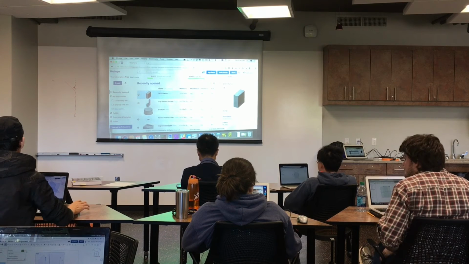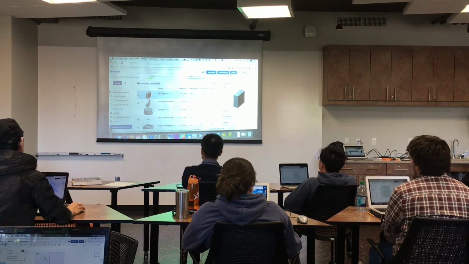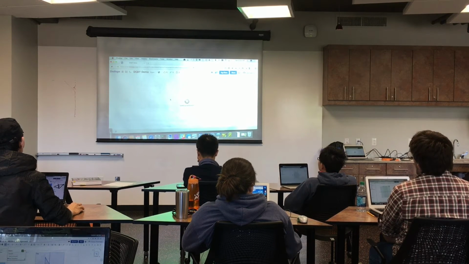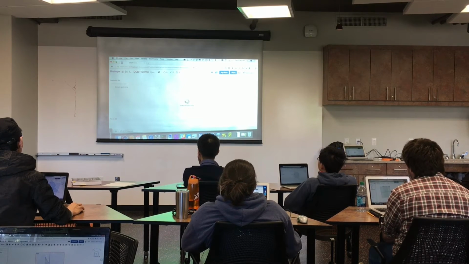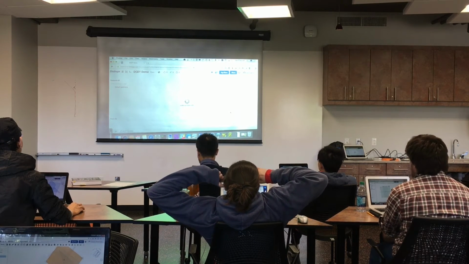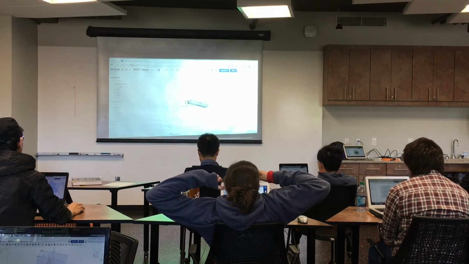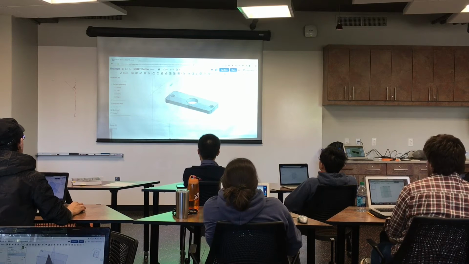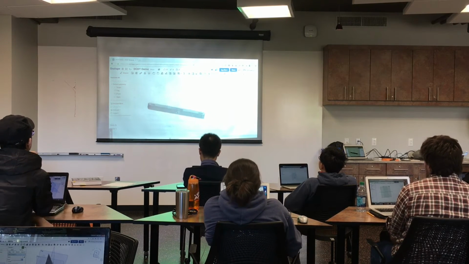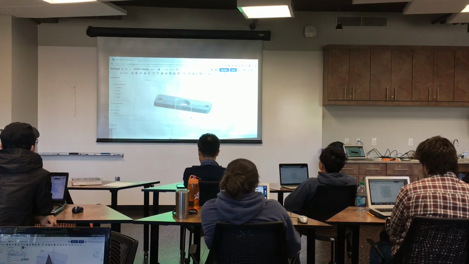Okay. So we're going to do a couple of parts, depending on how much time they take. See if we can make this a little bigger. All right, this is one part that we're going to do. This holds a DC-DT.